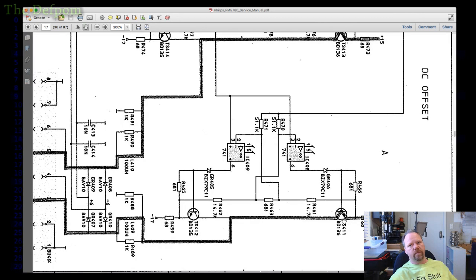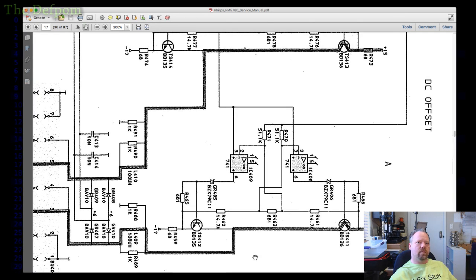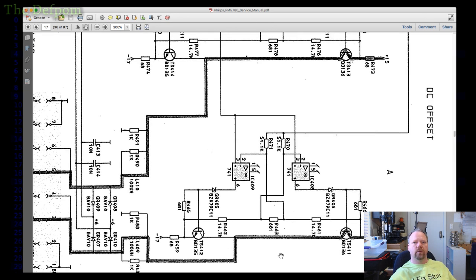Could it be one of these? Plus 15, minus 17 volt rail in this particular unit, which is different to what I've got. Plus and minus 12 volt is what I've got in this rail.